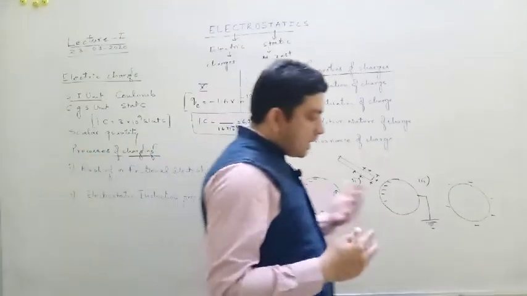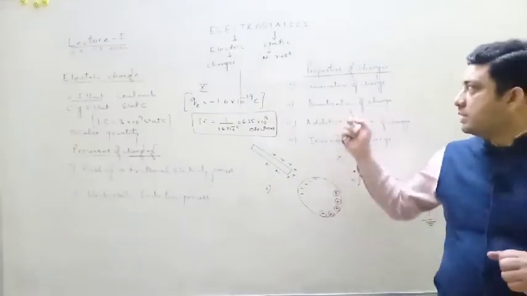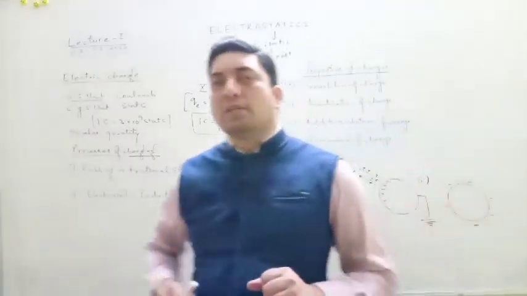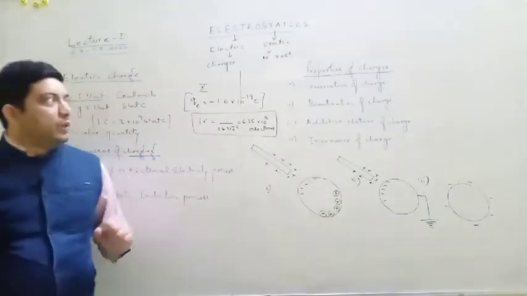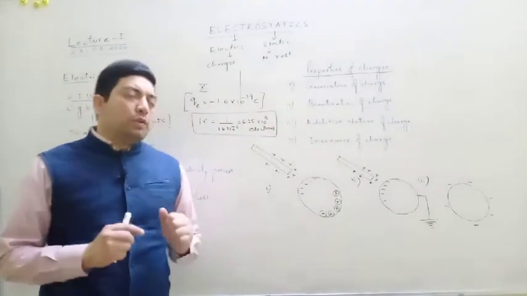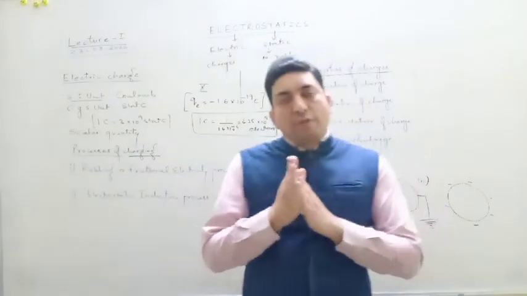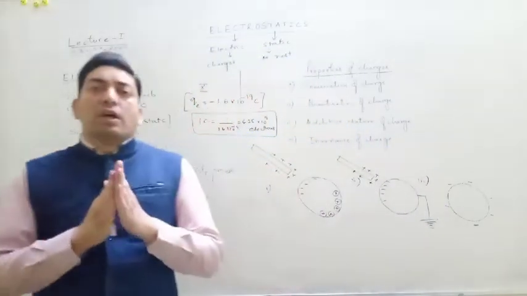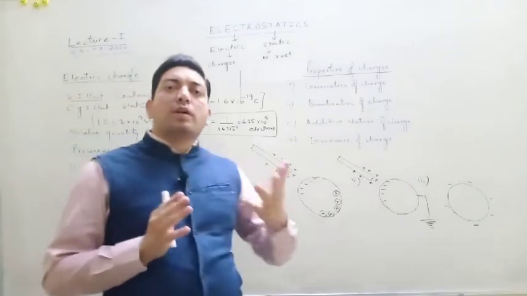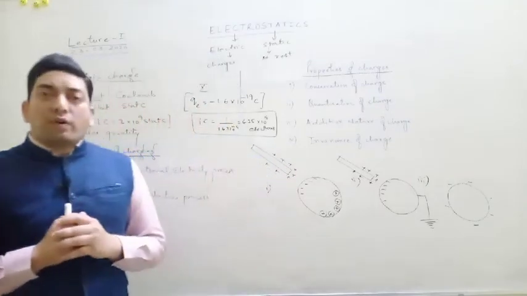Okay, so let's try to understand some basic properties of charges. There are basically 5 or 6 properties of charges. Let's start with the first one, conservation of charge. Once we were rubbing two bodies together, because of the friction, heat energy is produced. The lower work function body will lose some electrons to the body which has higher work function.